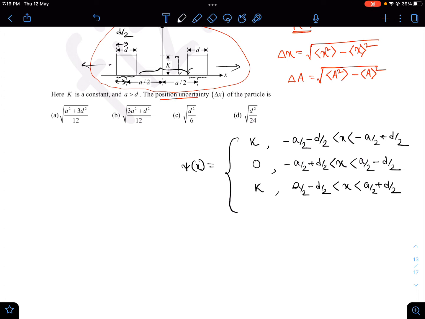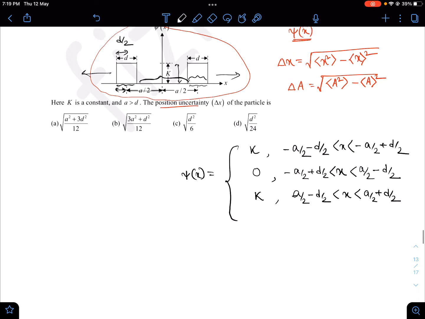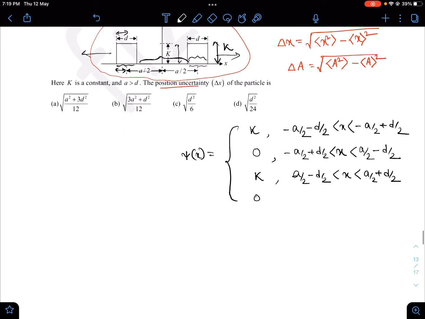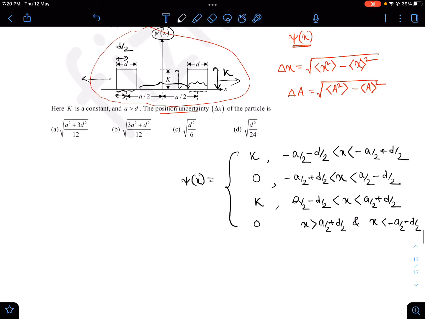That means in this region the value of this psi is k, and it is 0 for x greater than a by 2 plus d by 2 and x less than minus a by 2 minus d by 2. So this is our wave function, but we don't know the value of k.